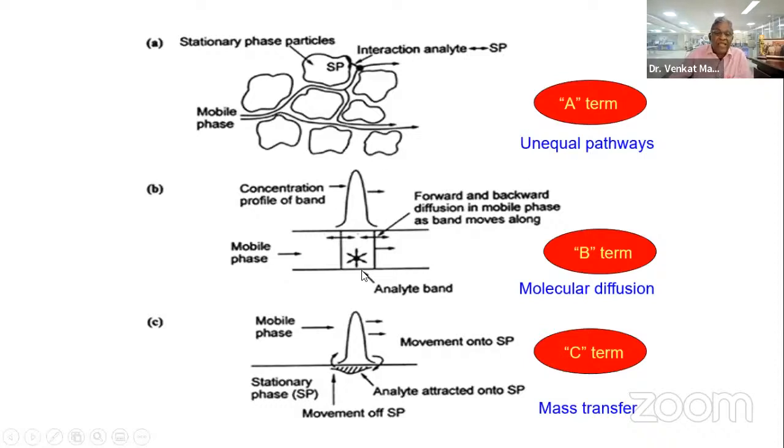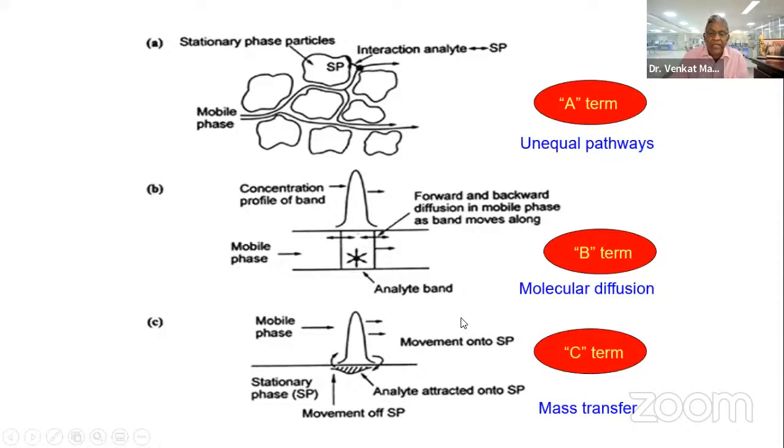The second thing is, I have an analyte here. This is my mobile phase. This is my stationary phase. This is a concentration profile. How much of my analyte is released from the mobile phase preferentially to move here is very important. You should know about that. Depending upon that, the forward-backward diffusion will occur. This is called molecular diffusion.